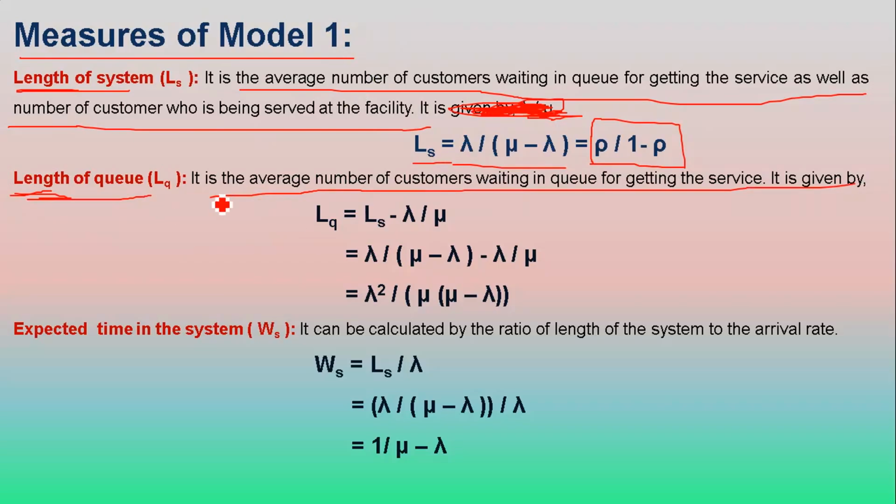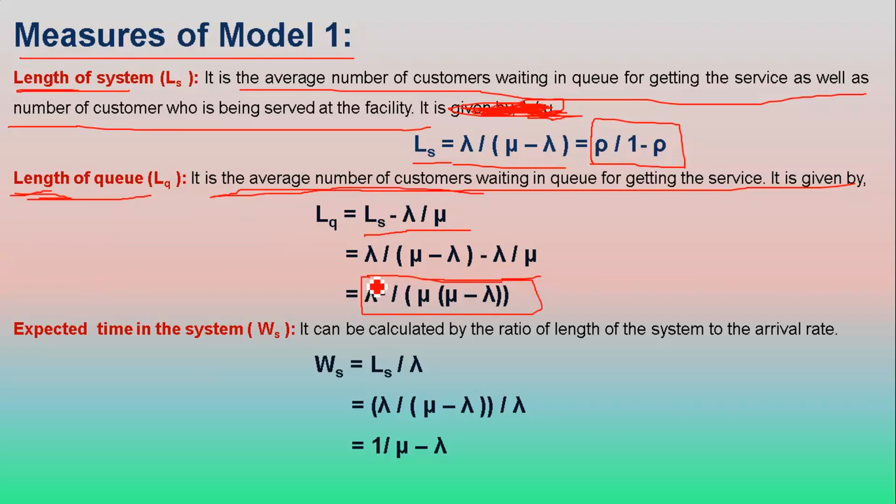It does not combine the customers being served. Here we have to include only those customers who are actually waiting in the queue for their chance, not the customers who are already receiving service. That is the length of the queue. So that formula is Ls minus lambda by mu, equal to lambda upon mu minus lambda by mu. So the final formula will be lambda square upon mu into mu minus lambda.